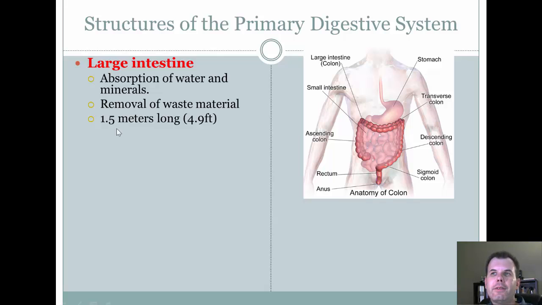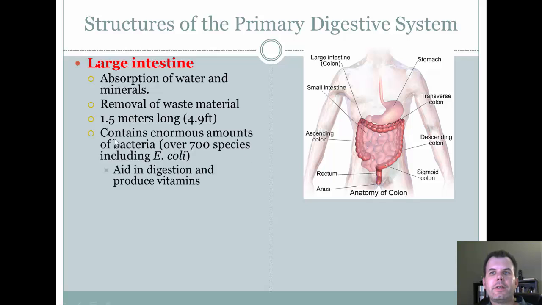So it's not as long as the small intestine, but it's much larger in diameter, roughly about 6 to 8 centimeters. Very important for absorbing the water. You have lots of bacteria in there. It contains enormous amounts of bacteria, over about 700 species, including E. coli, and it aids in digestion and producing vitamins that your body needs.